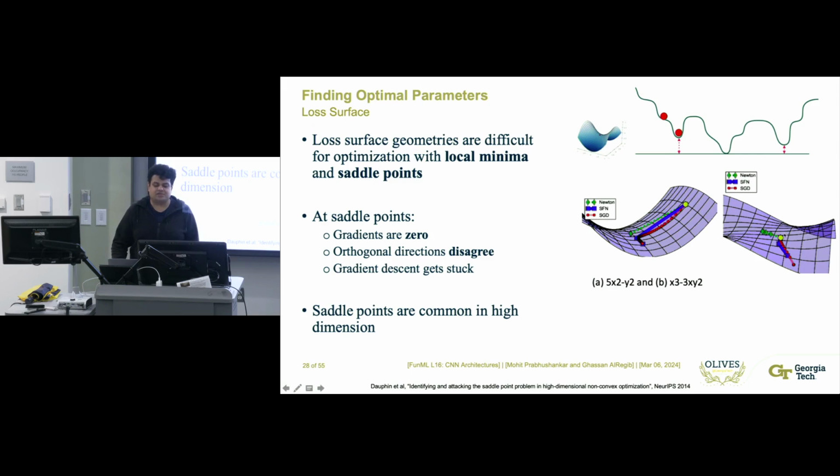Take this case, for instance. At this point, or this point here, your output has 0 gradient. I hope you can see my cursor. Your output has 0 gradient when you do your loss function. But as you can see, at the bottom over here, it keeps on decreasing, right? So your gradient descent algorithm is going to tell you that the gradient is 0 and you're done.